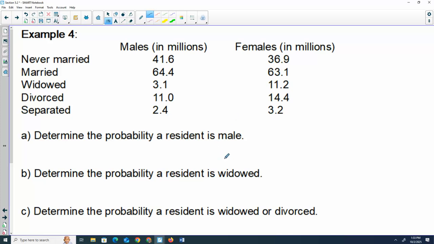Alright. If I want the probability that a resident is male, what am I going to have to do first? Add them all up. Alright. I'm going to add up all my.